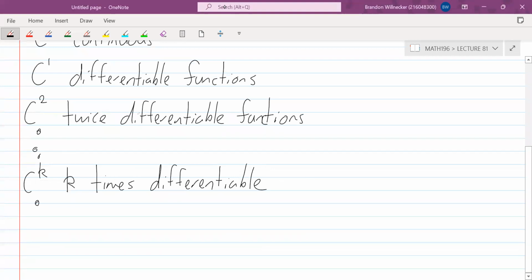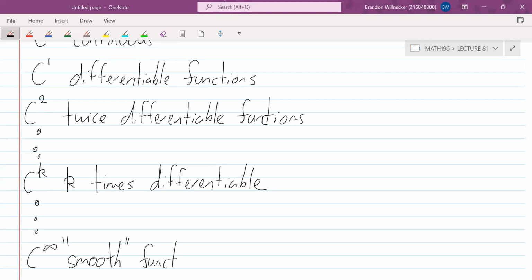We can extend this even further to the set called C infinity, and this will be new to you. This is the set of smooth functions. That's the name for these.